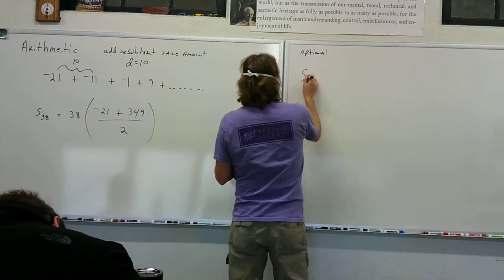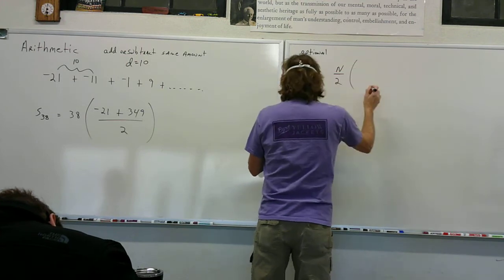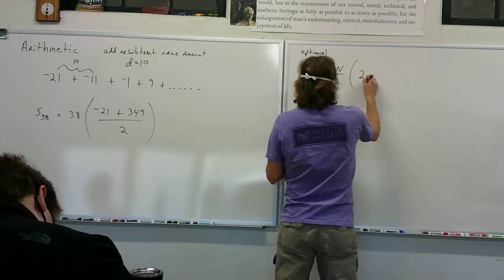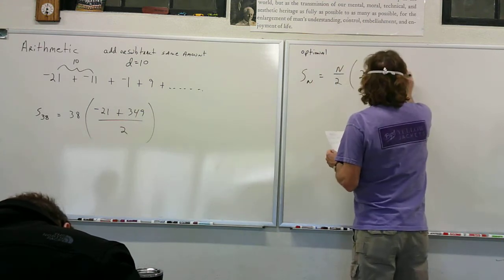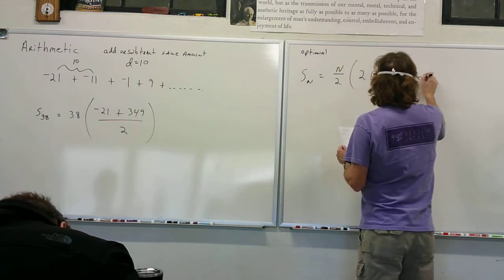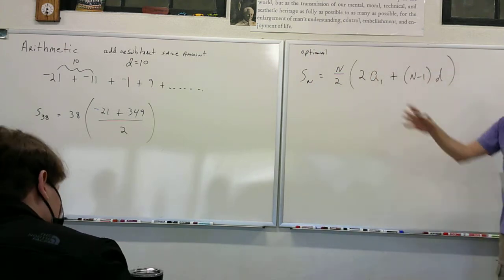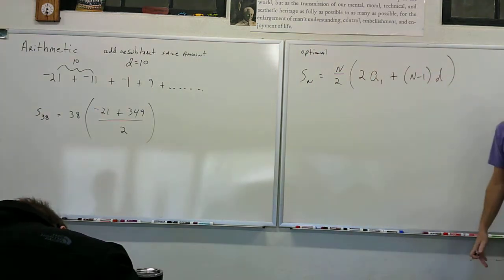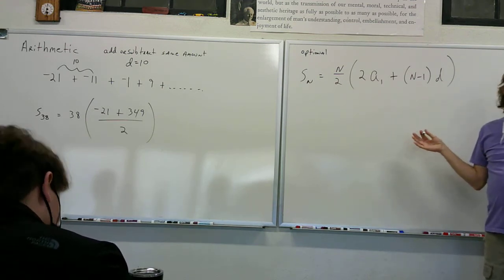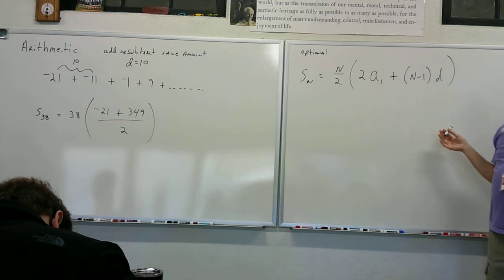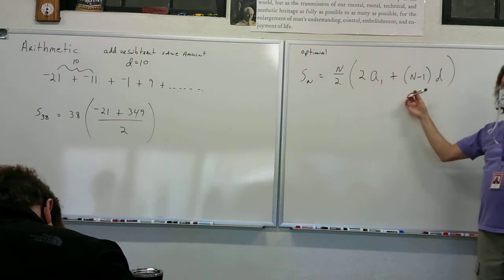The sum of n terms is equal to n divided by 2, parentheses, 2 times a sub 1 plus n minus 1 times d. That combines the two formulas into one formula for you. This way you only have to know the first term and the n, and you don't have to work out what the last term is. All right, see what I'm getting at? Yeah, this combines the two formulas into one formula to begin with.